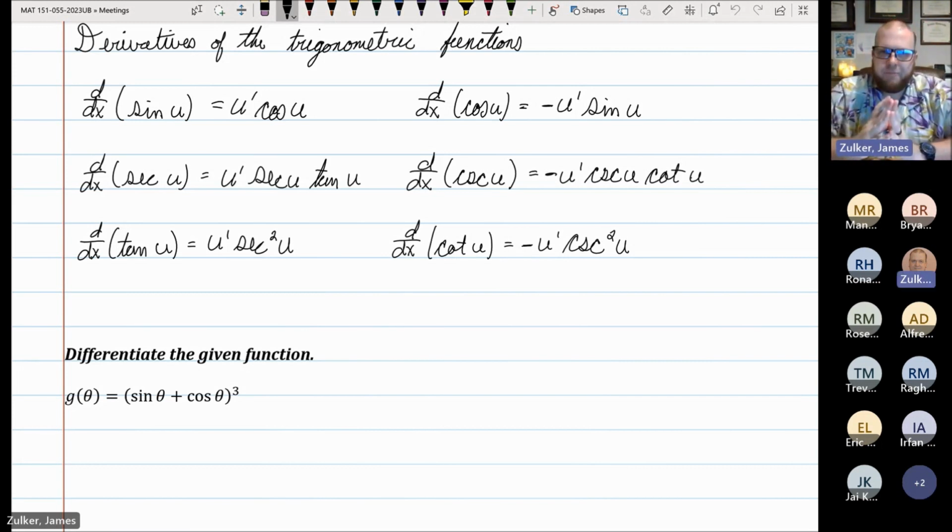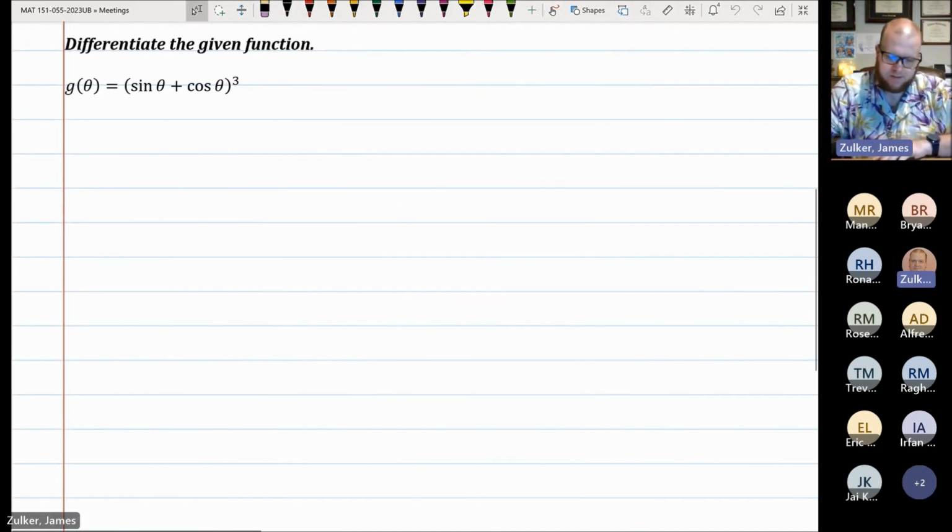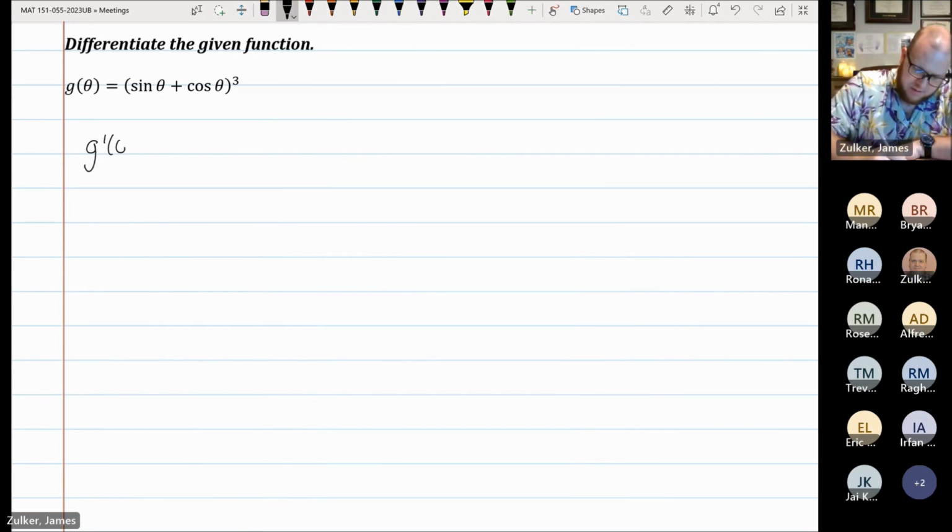Now we're going to be dealing with differentiating functions that involve trigonometry, right? The trigonometric functions. We're dealing with a power function here, right? General power rule.